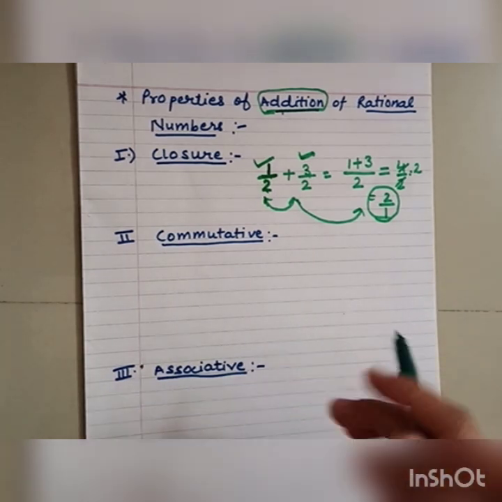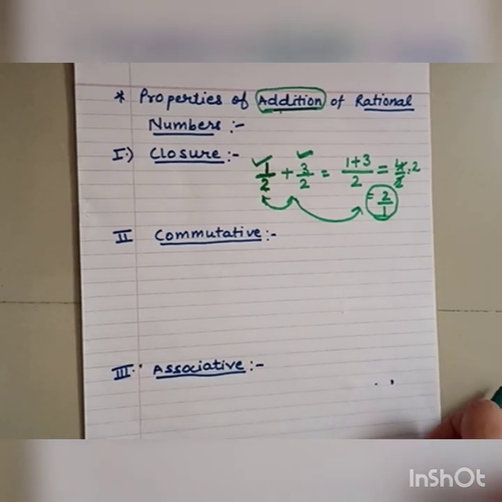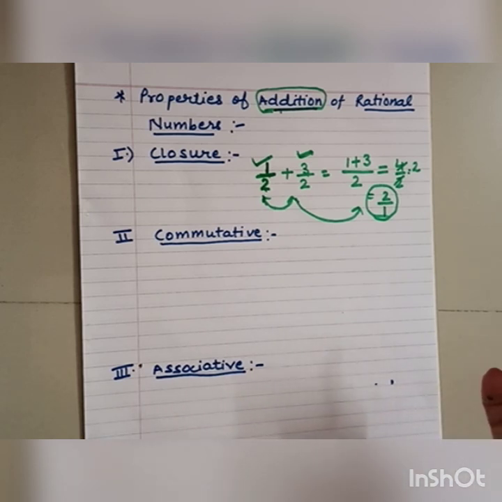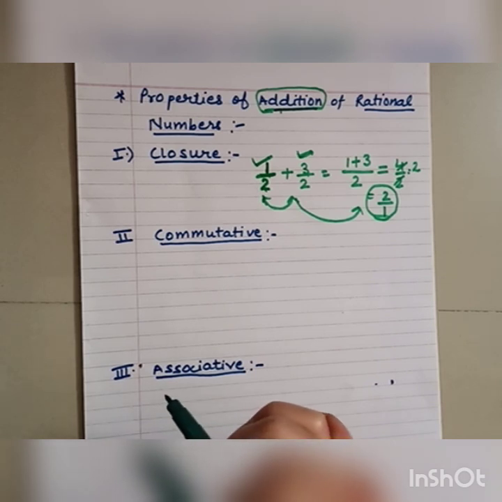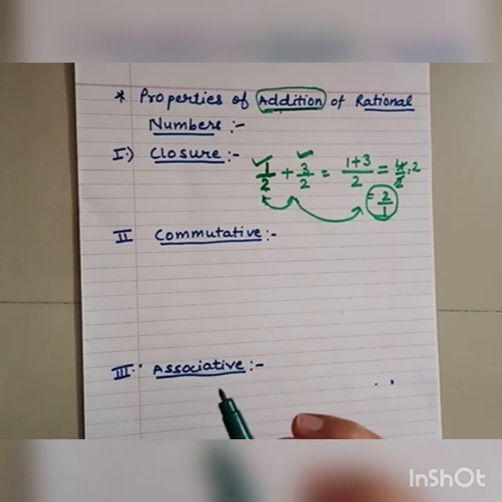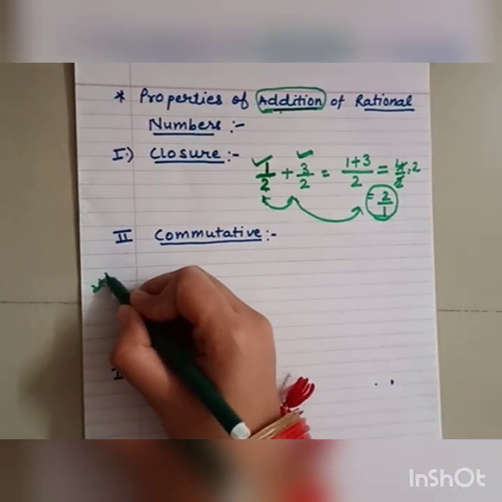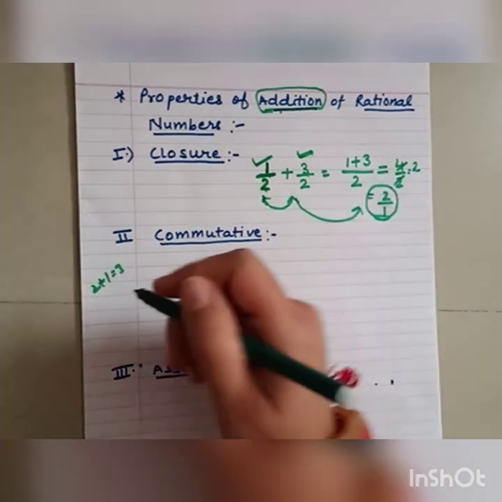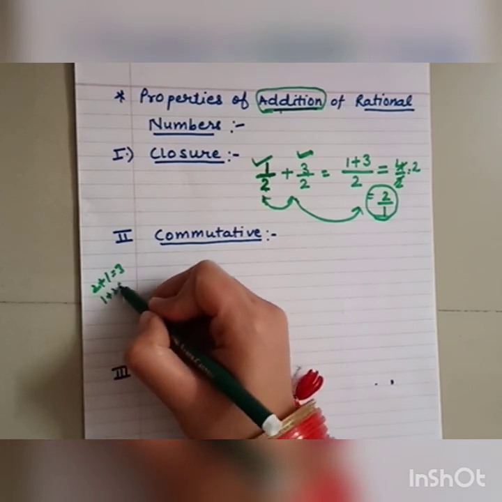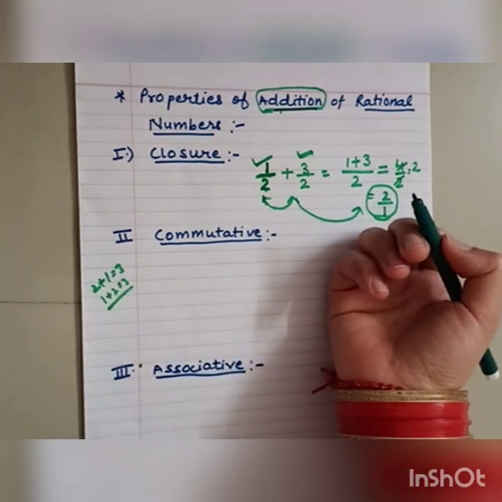Now, in commutative, what is the meaning of this commutative property? You have already heard this word, commutative, in your previous classes also. See an example: when you add 2 and 1, you get 3, and when you add 1 plus 2, you also get 3.